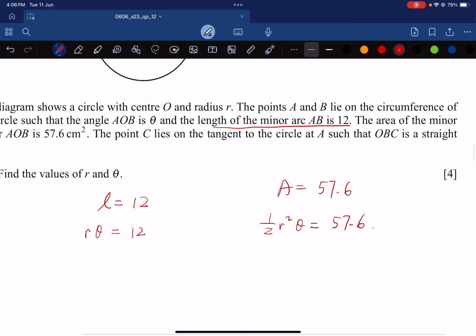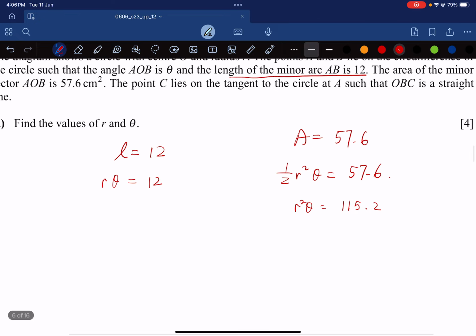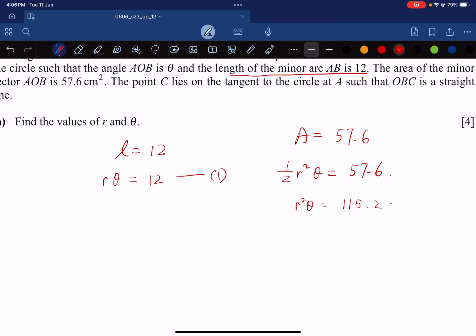Multiplying by 2 on both sides, r squared theta is 115.2. Let's name these the first and second equations. Solving simultaneous equations, the fastest way is to divide the second equation by the first equation.